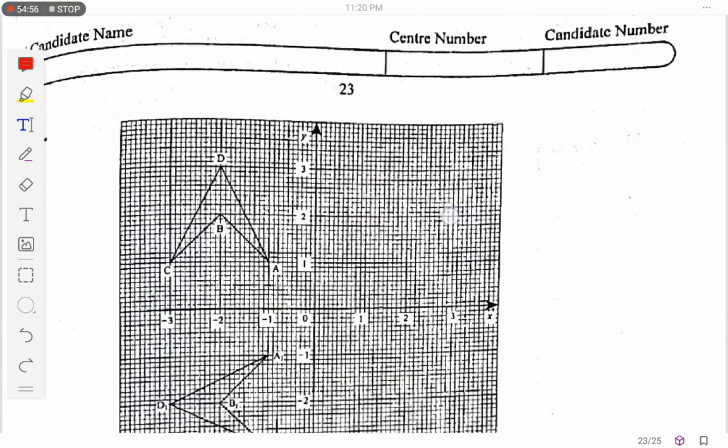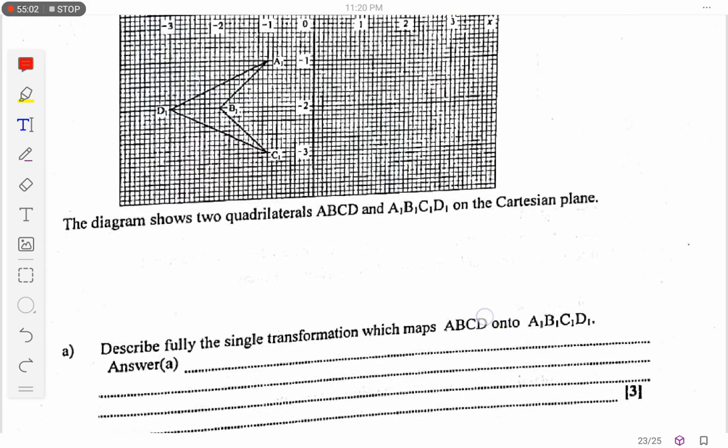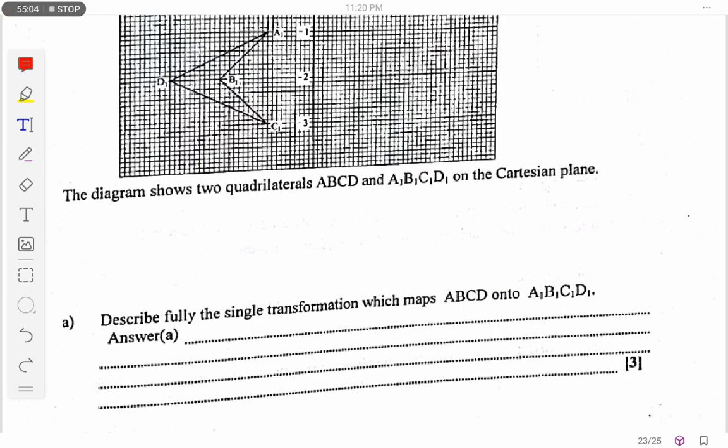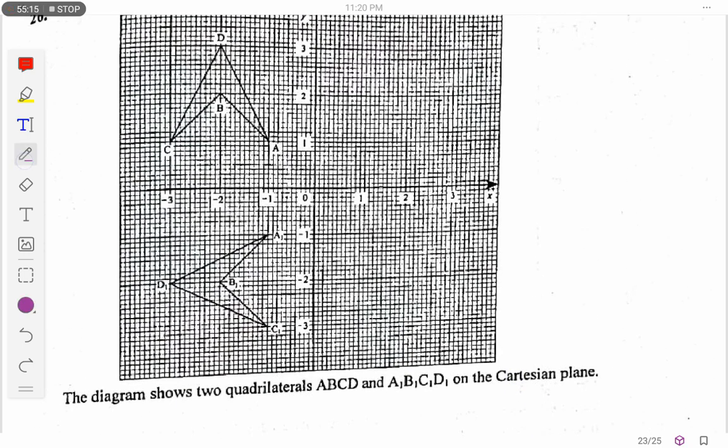Okay. Then we have this question here. They are saying we have this transformation. Describe fully the single transformation which maps A, B, C, D onto that one. Okay, basically, I can say this is a rotation here.